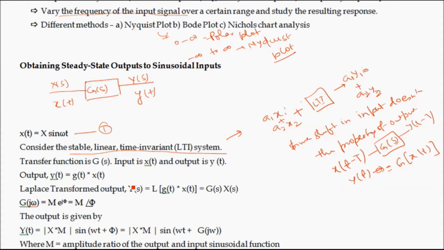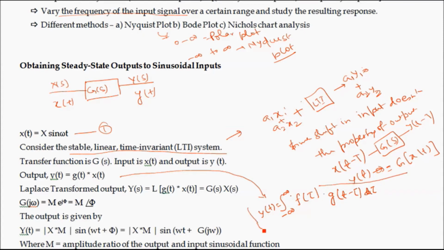If I write the equation for this, then y(t) is equal to the integral from minus infinity to infinity of f(tau) g(t minus tau) d tau.